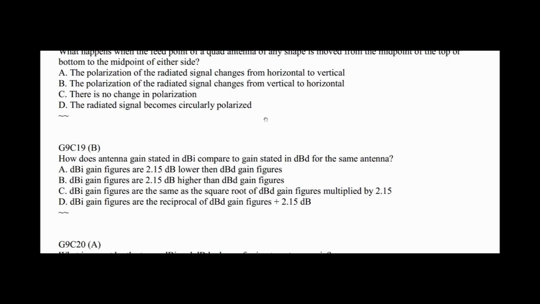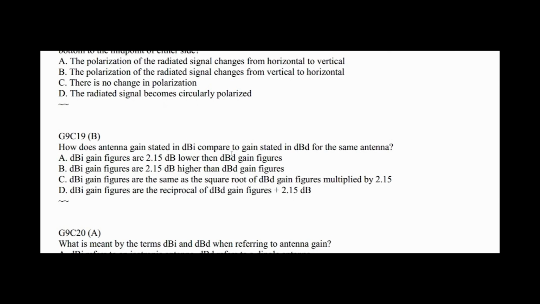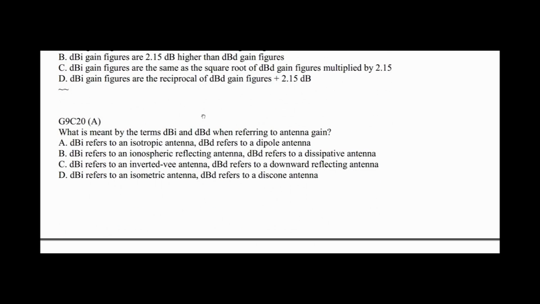G9C19. How does antenna gain stated in dBi compare to the gain in dBd for the same antenna? dBi is 2.15 dB greater. So their answer is B. Think of this one as the model of free space, the isotropic, versus the dipole, a more realistic look at a given situation.